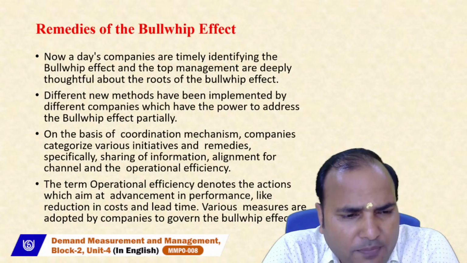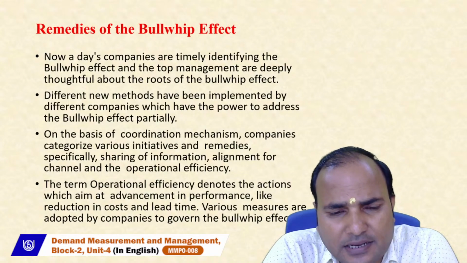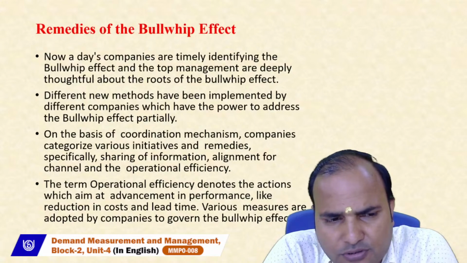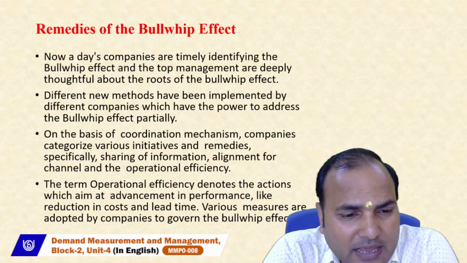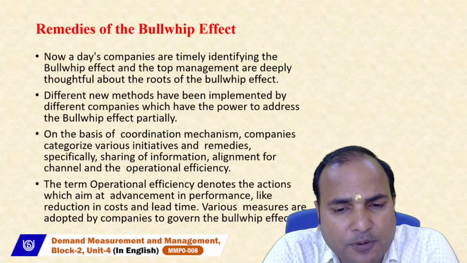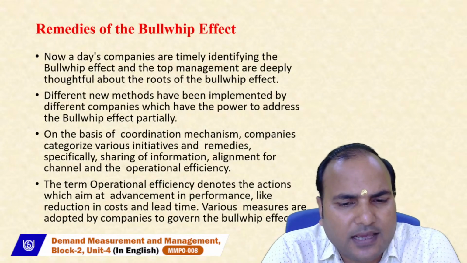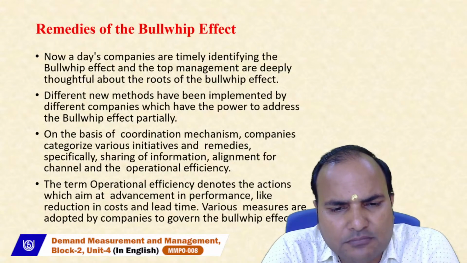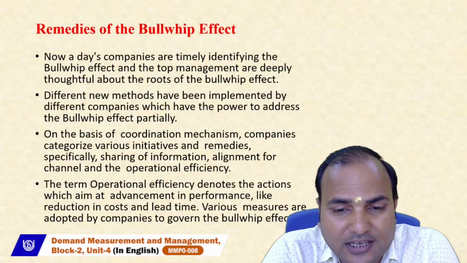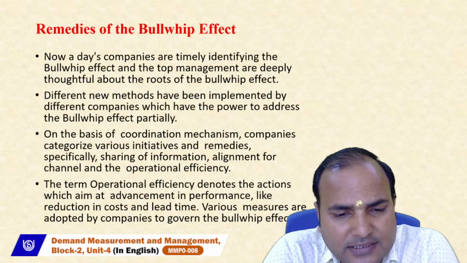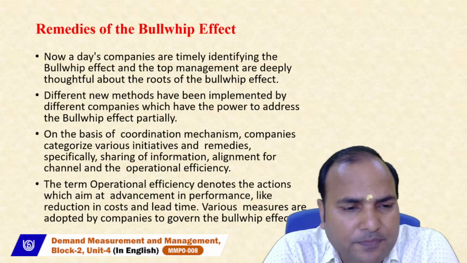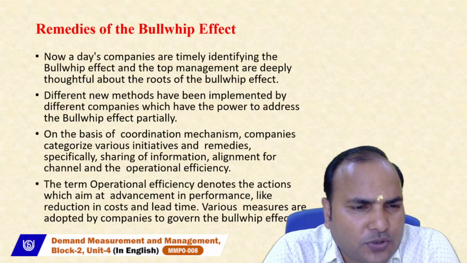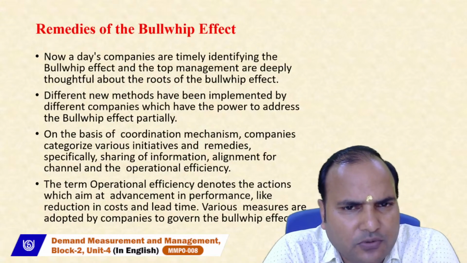The term operational efficiency denotes the actions which aim at advancement in the performance, like reduction in the cost and lead time, and various measures are adopted by the companies to govern the bullwhip effect. So these are the different remedies.